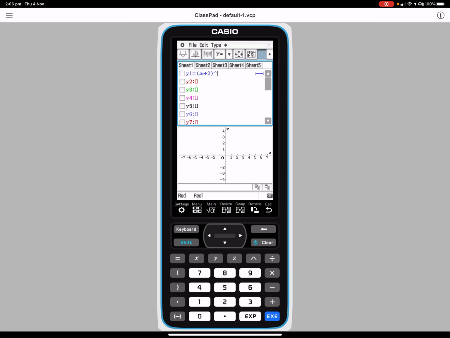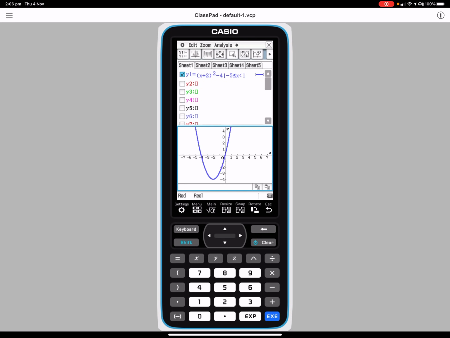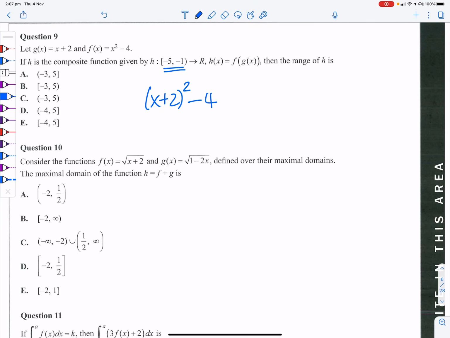X plus 2 squared minus 4 between -5 and 1. Okay, so the lowest value is -4. The maximum value is at 5. And we know at -5 it's defined, so -4 to 5, because it's defined on that endpoint.